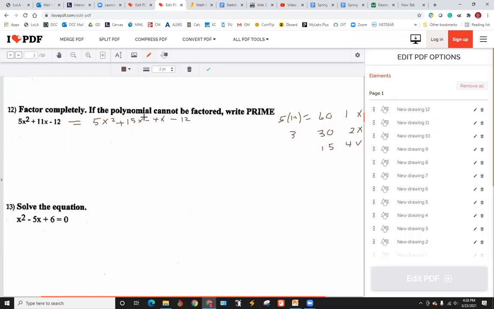All right, so factor by grouping. So 5x. So then this factors as x plus 3, the repeated one, times 5x minus 4.